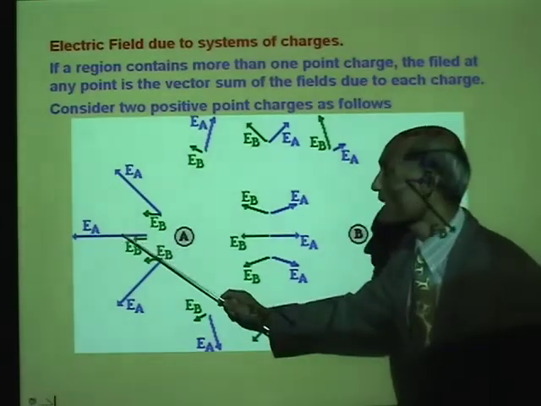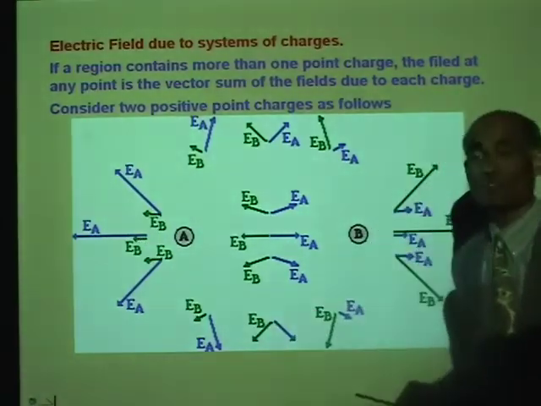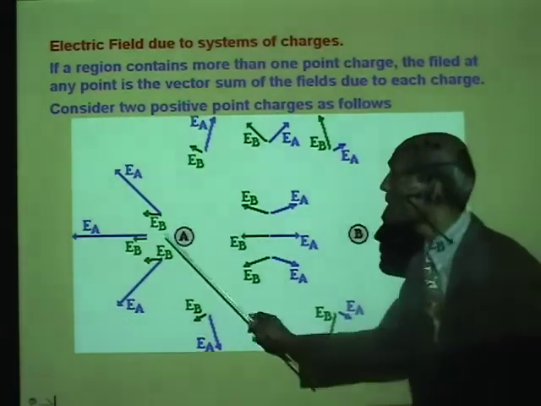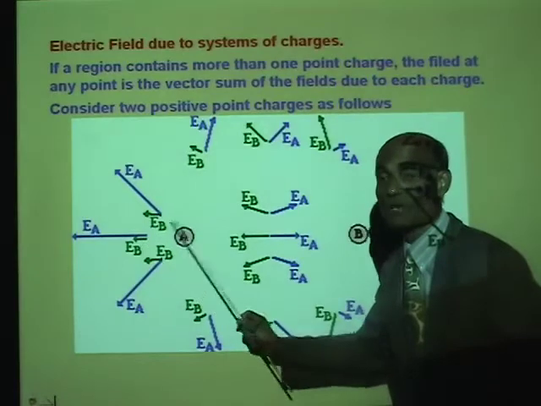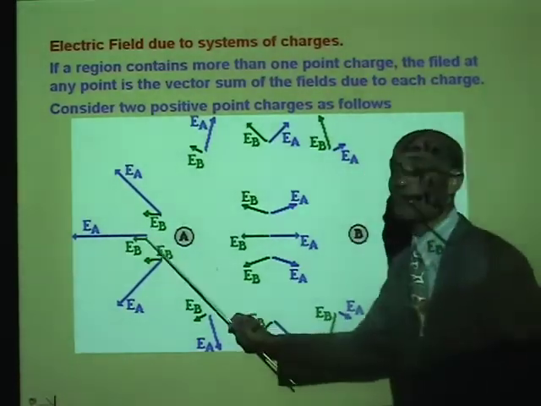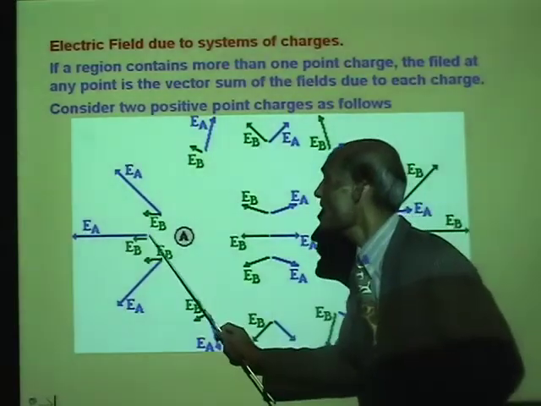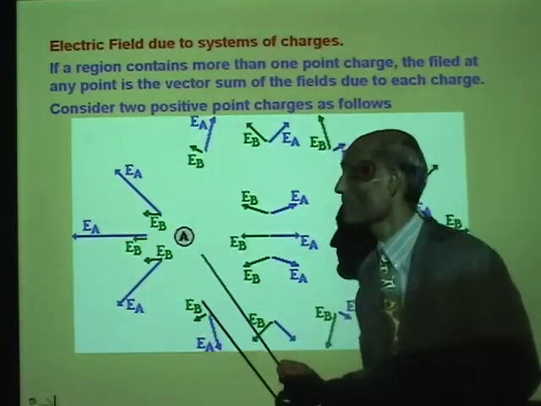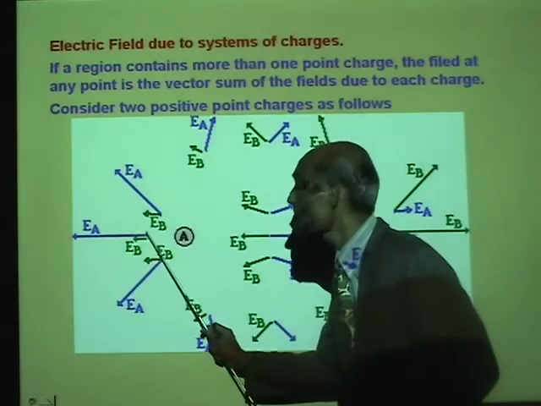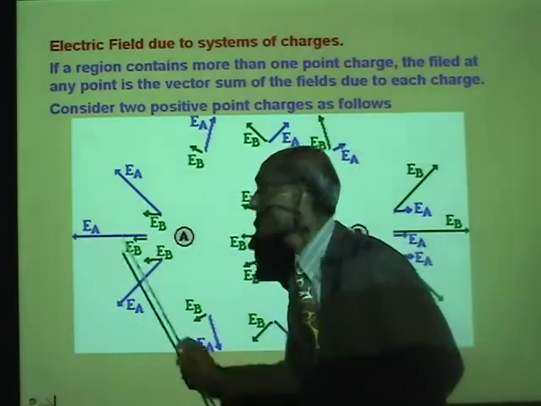Why is the blue vector bigger than the green vector? Because the field due to B will be a small vector, because the point is very far from B. And the field due to A here will be much greater. And so, the net field here will be the vector sum of that.